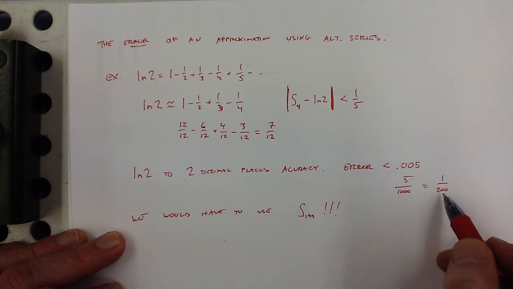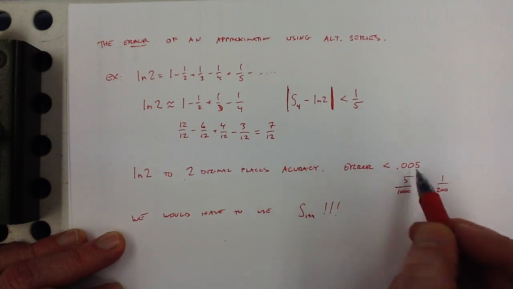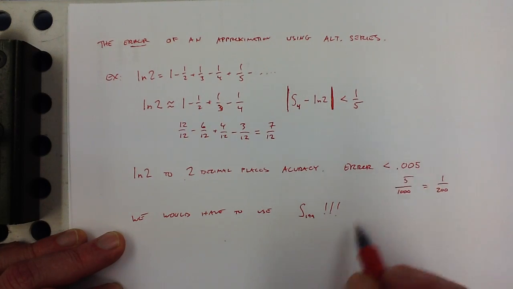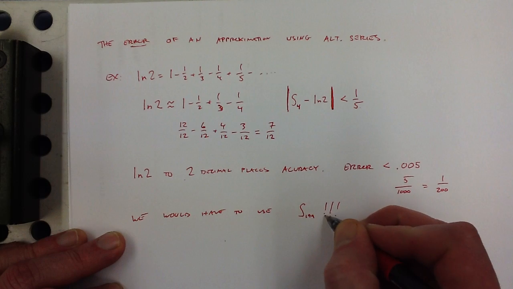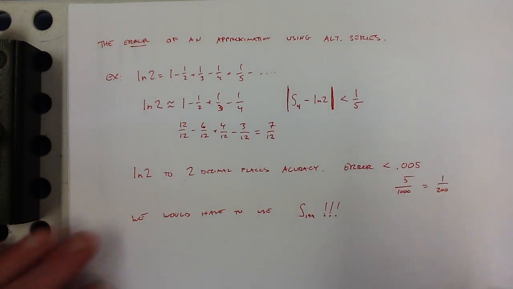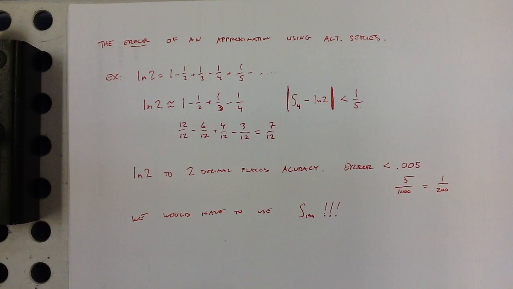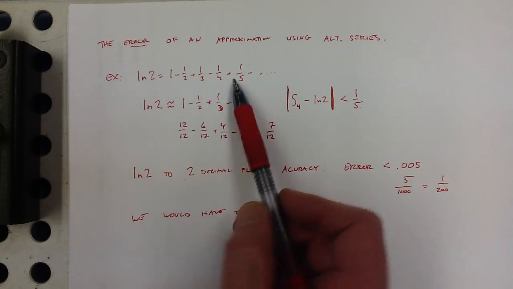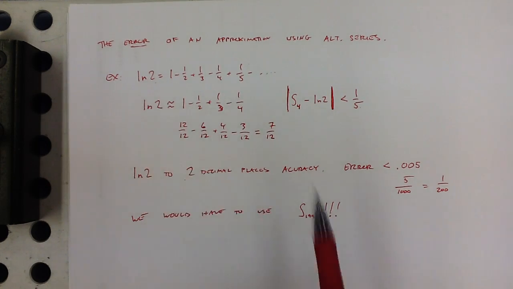Because the 200th term would be 1 over 200, and that's what we need. We want our error to be less than or equal to that. So that's pretty far out. What does that tell us about this series? It tells us that this series, although it does converge on the natural log of 2, it converges very slowly to that value.